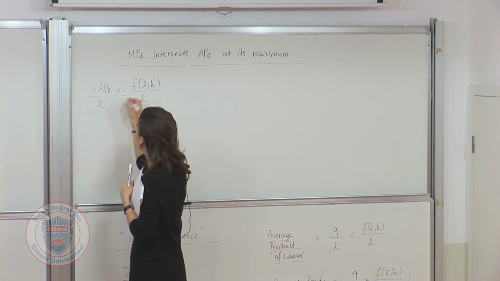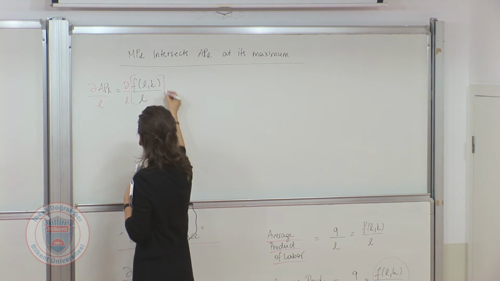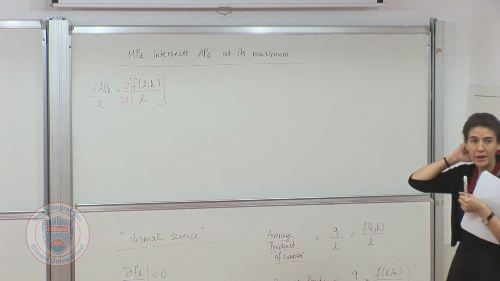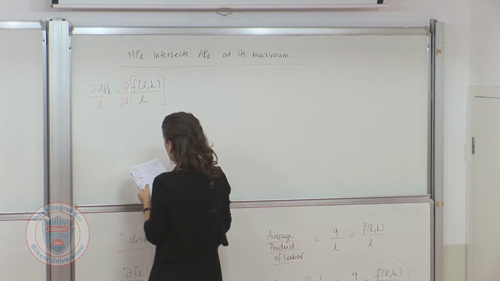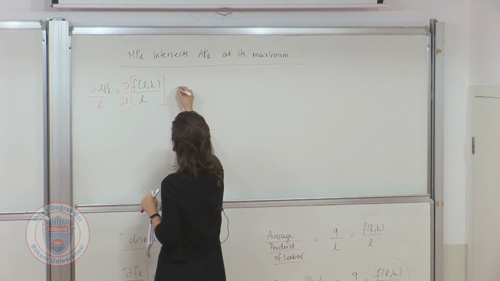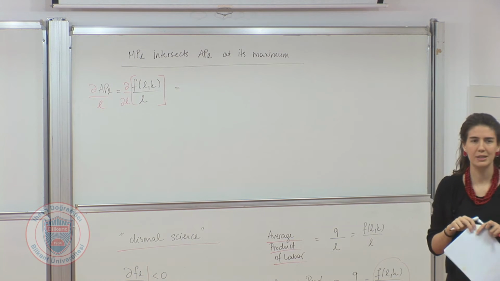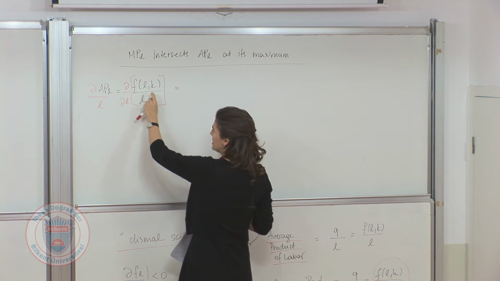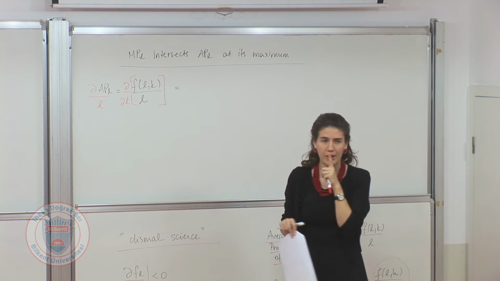So this guy's derivative, and then we would like to figure out where it reaches its maximum, okay? So if I take the derivative of this, you have a numerator and a denominator, right?